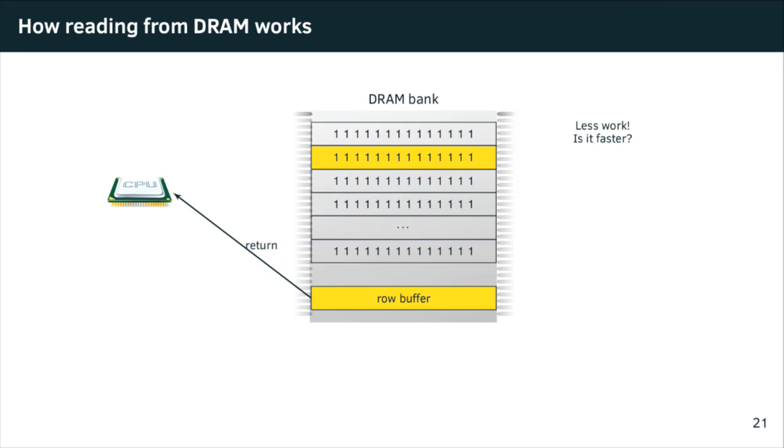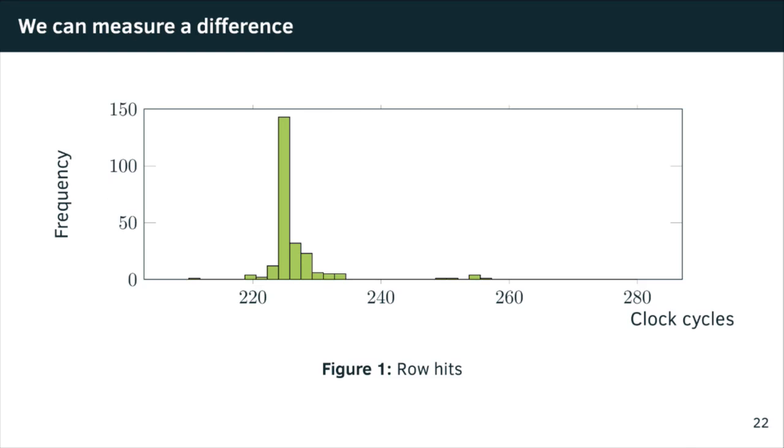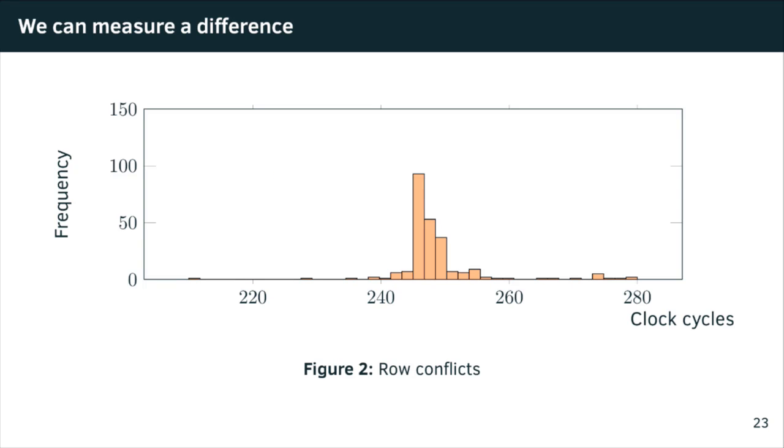In fact, this very question was what got me into researching this stuff. So what we did was we measured the latency of row hits, that is when the information that we are trying to read is already in the row buffer. And we got this nice graph. Then we measured the latency of reading from memory when there's a row conflict or row miss, that is when the data we're reading is not in the row buffer, so it has to activate the row first.